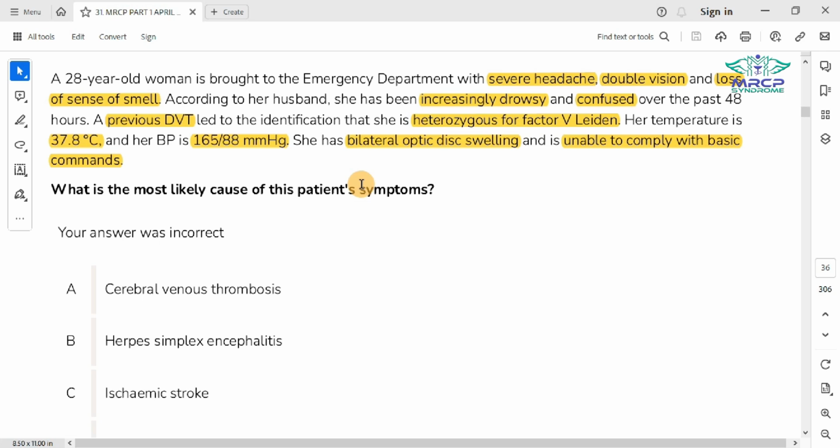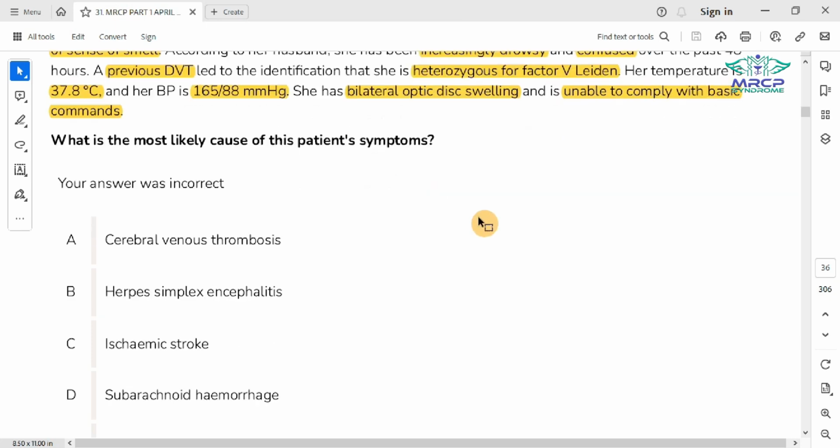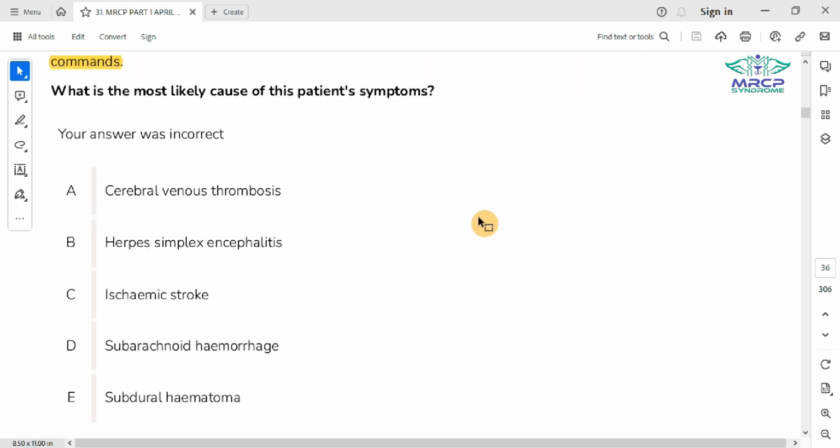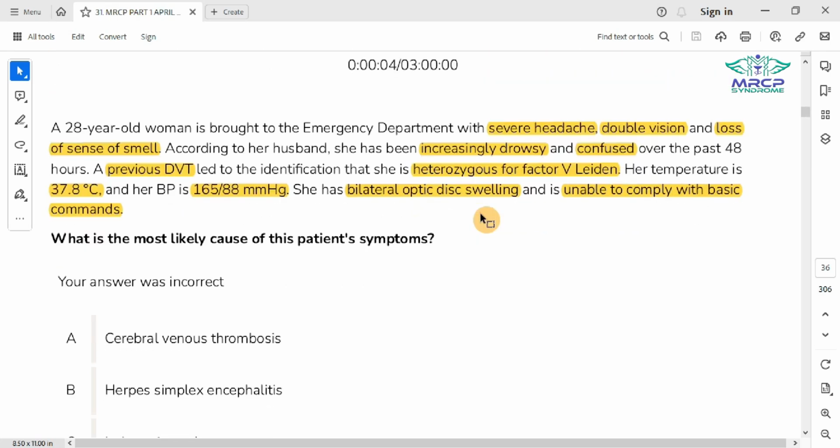What is the most likely cause of the patient's symptoms? Cerebral venous thrombosis, herpes simplex encephalitis, ischemic stroke, subarachnoid hemorrhage, and subdural hematoma. A 28-year-old woman is brought to the emergency department with severe headache, double vision, and loss of sense of smell.